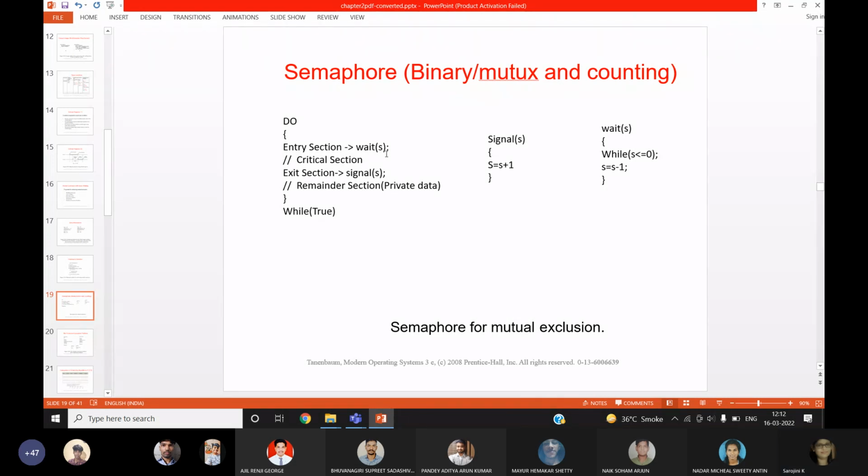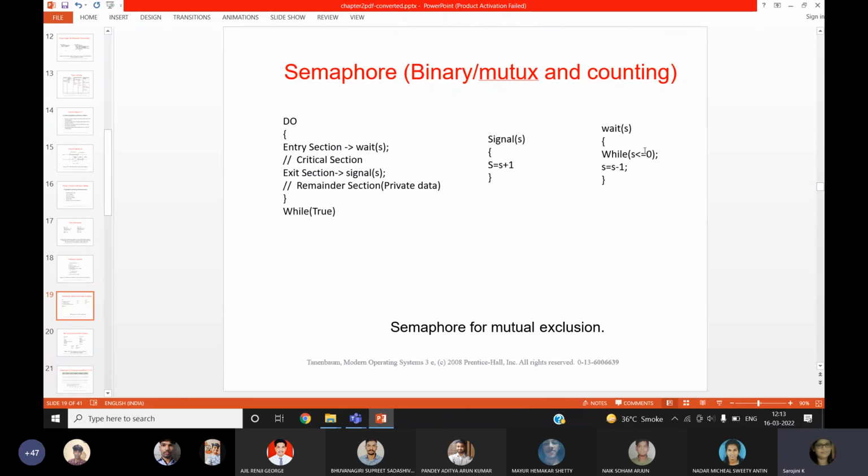Okay. First person enters. So when he enters, the wait of S will be executed. Wait of S: while S less than or equal to 0. This condition is true?